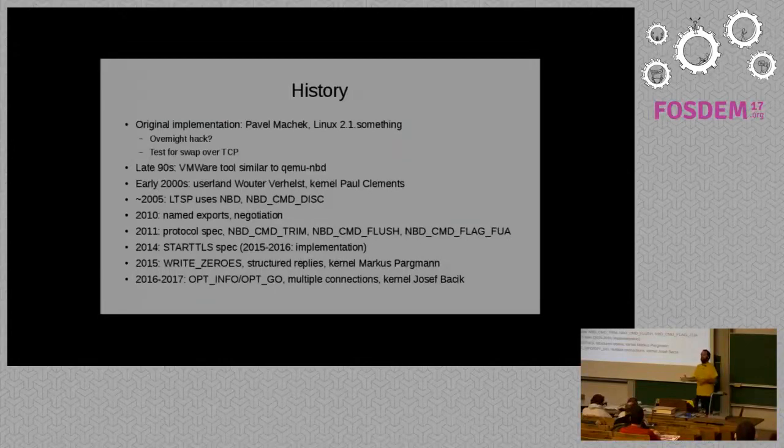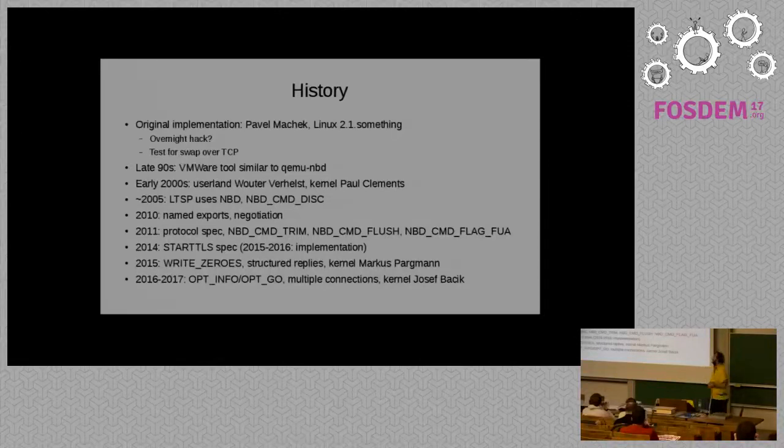His original idea, however, didn't actually work very well until a few years ago. In the late 90s, VMware did their VMware desktop for Linux, and they shipped something, I'm not sure anymore what it was called, that did pretty much the same as QEMU-NBD, allowing you to mount virtual hard disks on your host system and just copy things from there.